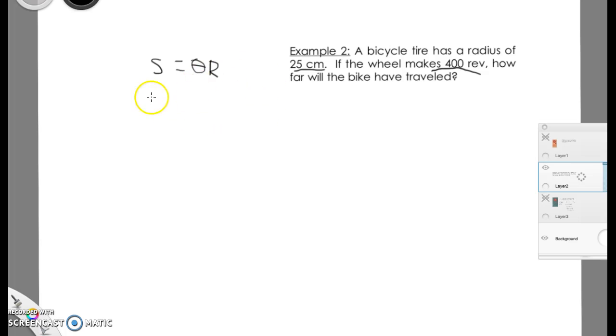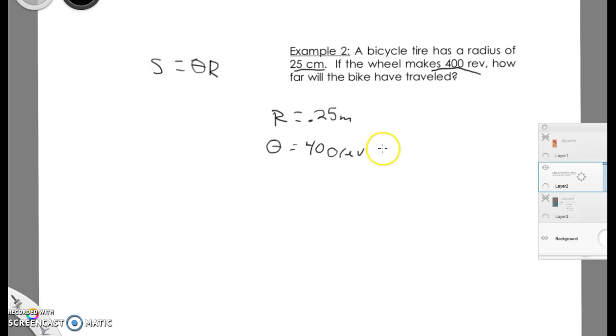So you've gone ahead and found your distance. Let's go ahead and do it now. We know that the radius is 25 centimeters, or 0.25 meters. We have an angular displacement of 400 revolutions, but I can't put that in for theta, because this equation only works if my angle is in radians, because it's taking the number of radians and multiplying it by the radius to get your distance.